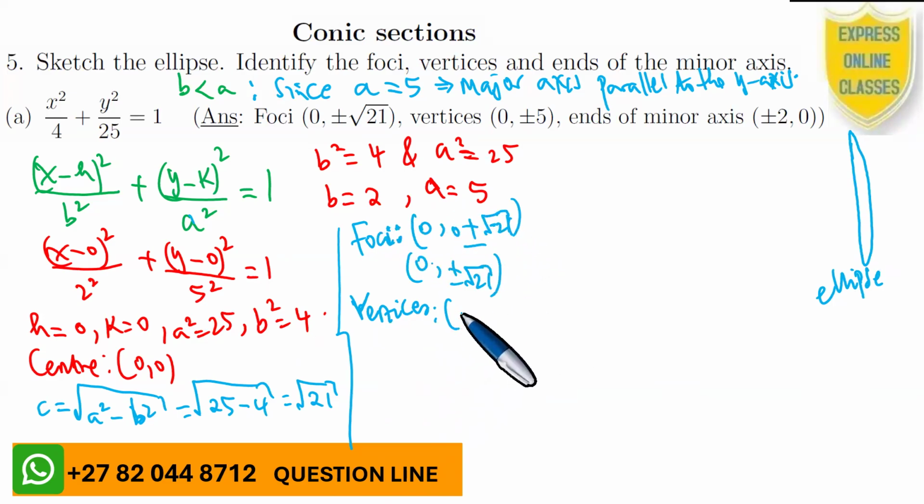So you're going to take the center and add or subtract 5, so that it is actually 0 plus or minus 5.